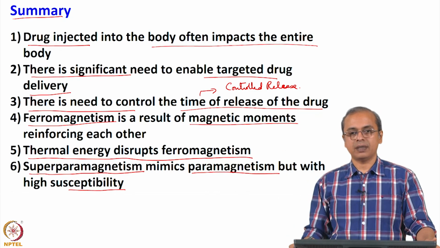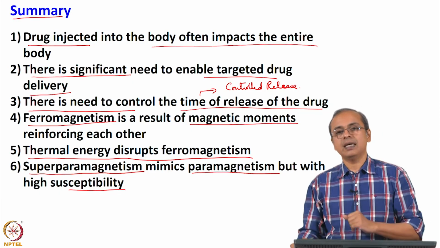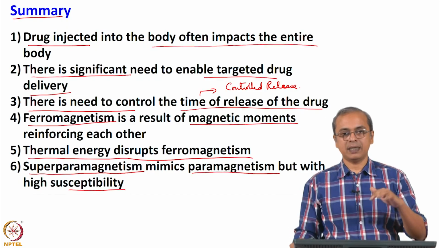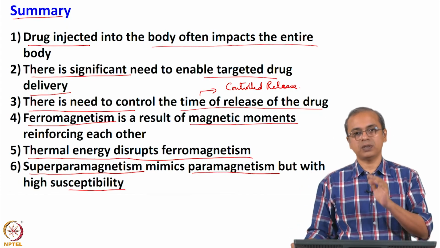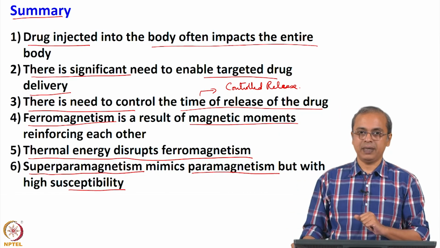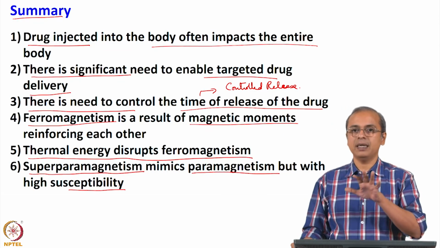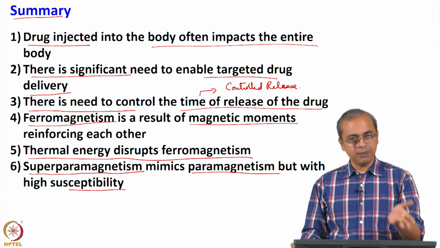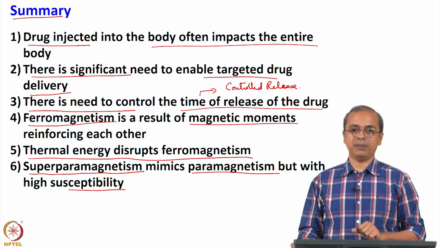So, from the perspective of saturation it shows behavior like a ferromagnetic material, but in the presence of 0 applied field it shows paramagnetic behavior. This combination is referred to as superparamagnetism, very unique to the nanoscale, and can be used for various applications. I have given you a reference where they have used it for biomedical applications.